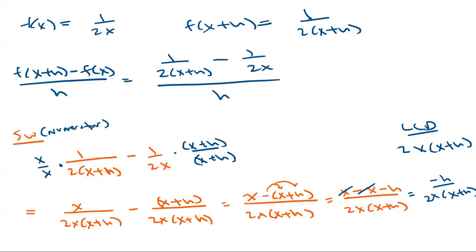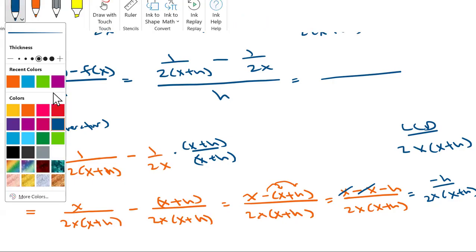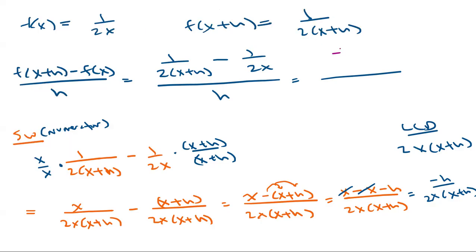That's just the numerator. So now we need to plug this information into the top. Okay, so that's going to give us, we'll use a different color here, -h over 2x times x plus h divided by h.